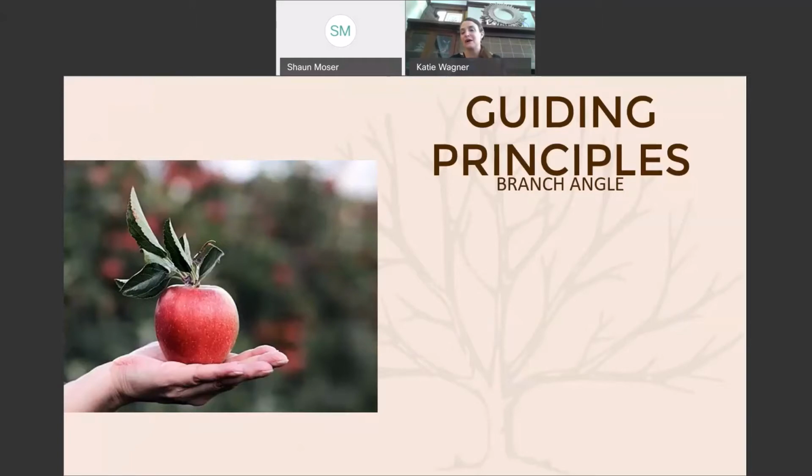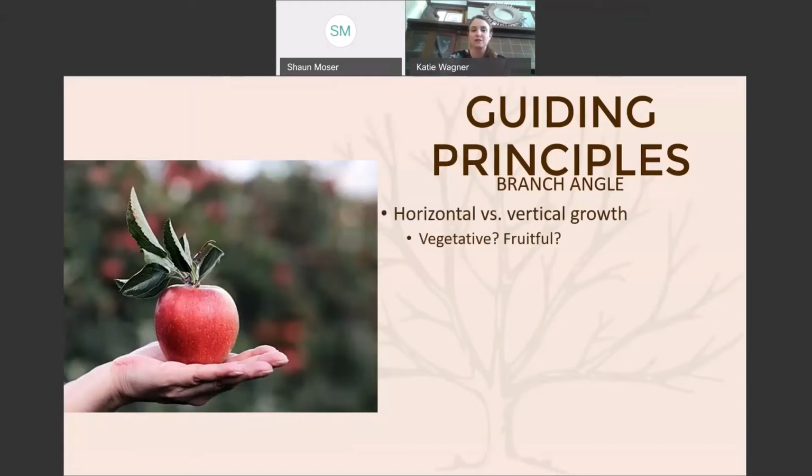We need our leaves because they have to photosynthesize so that we can have good fruit production, but we also want to make sure we have the branch angle, so that we're not just bearing leaves and not fruit. So what we're looking for is about a 30 to 45 degree angle. And I'll show you in a minute a few strategies for training branches to do this for us.